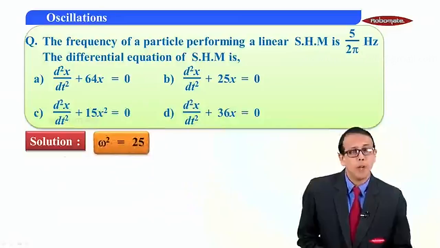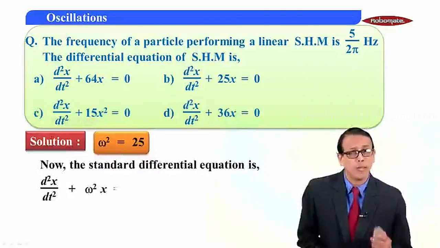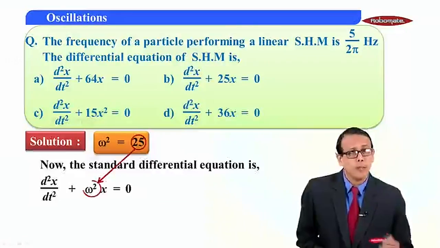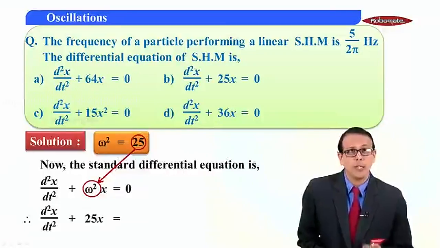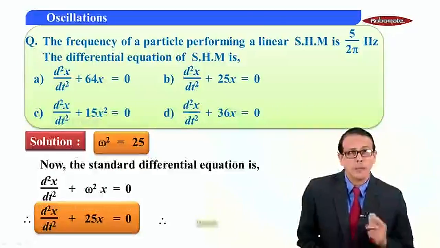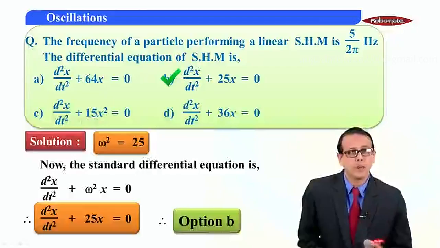Moving ahead, now we know the standard differential equation is d square x by dt square plus omega square x is equal to 0. Let's substitute 25 in place of omega square and therefore the answer becomes d square x by dt square plus 25x is equal to 0. That is nothing but option B. Yes, it's option B. Therefore the right answer for this question is option B.